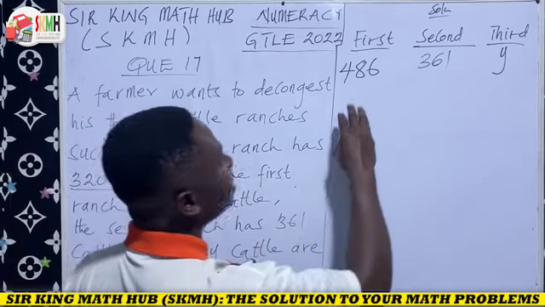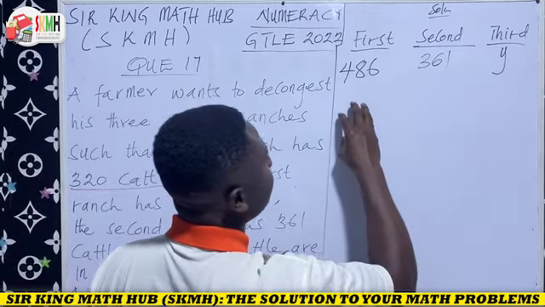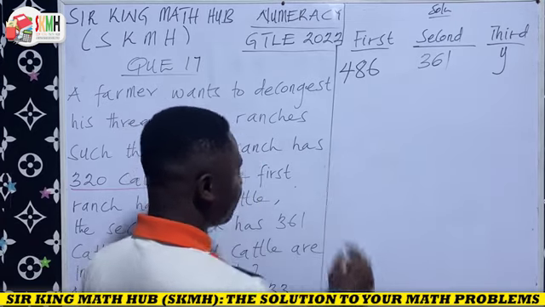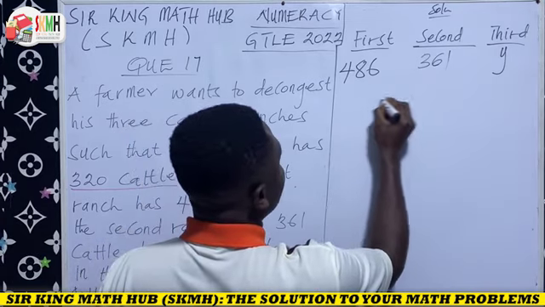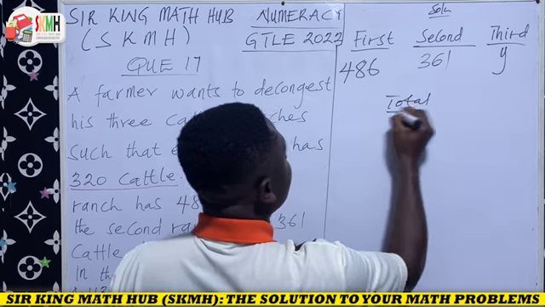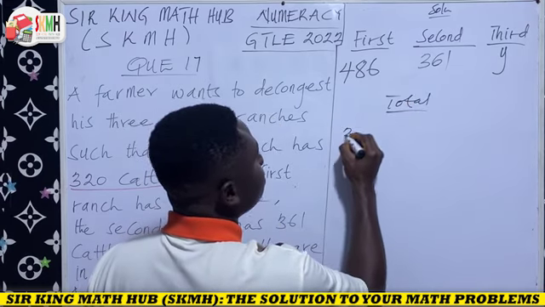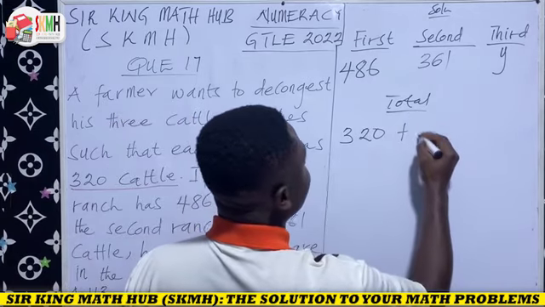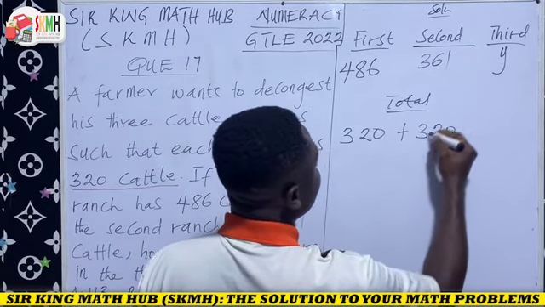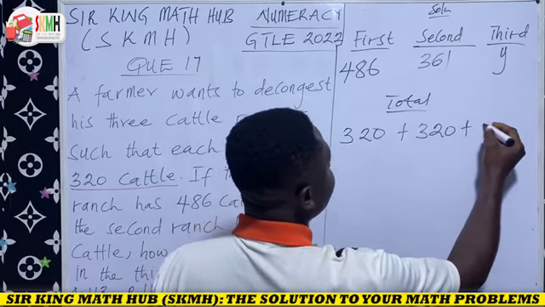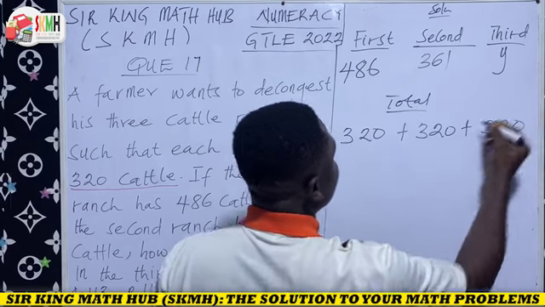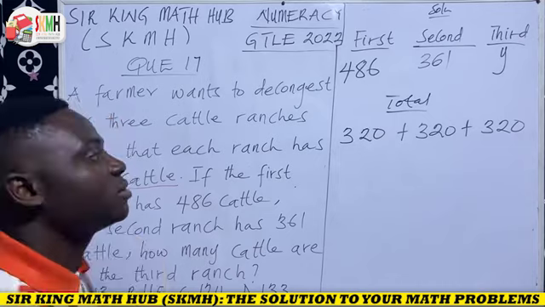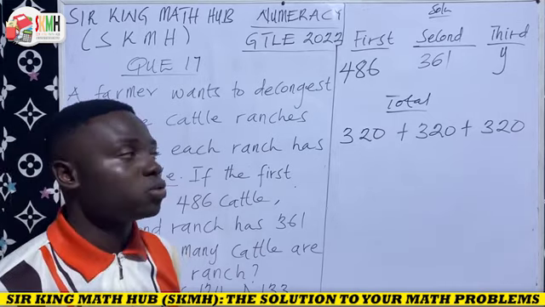He's expecting that each ranch has an equal number of cattle. Specifically, the first ranch should have 320 cattle. The second ranch, same number, 320. And then for the third ranch, 320.